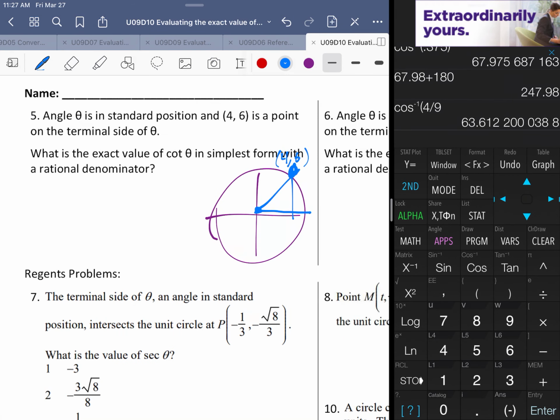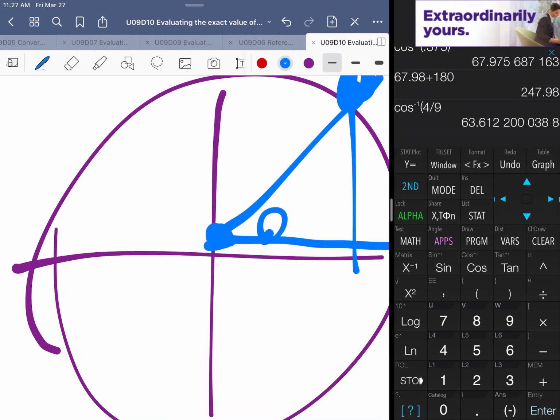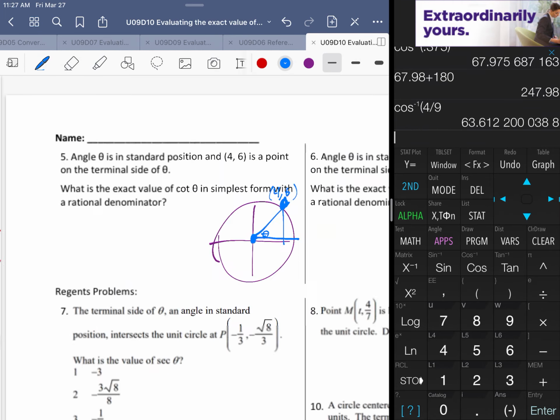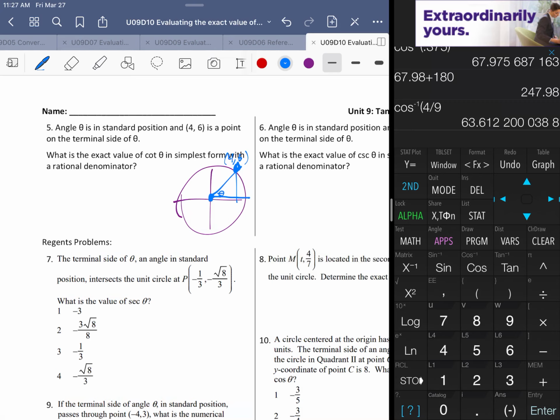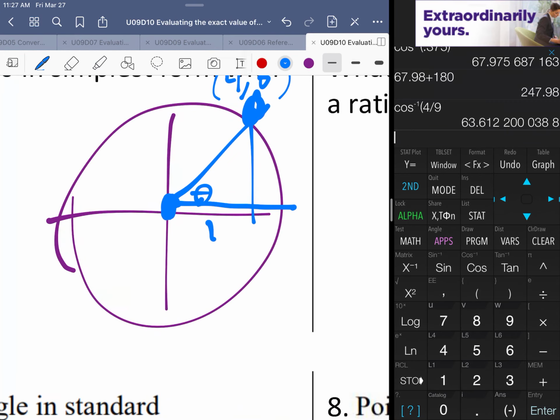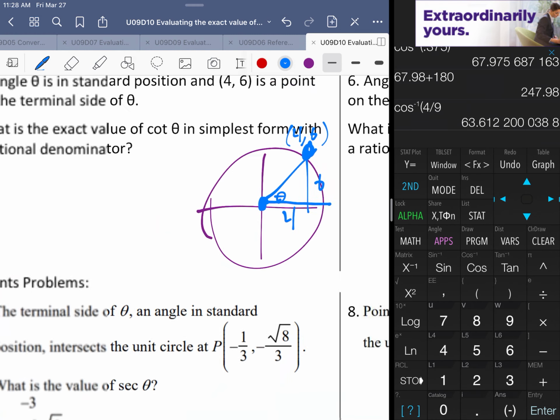All right, so let's read this carefully. Angle theta is in standard position, so it's here. Standard position means that we're starting at (0, 0). And the terminal side of theta is at (4, 6), which means this side of the triangle is 4 long and this side is 6 long.